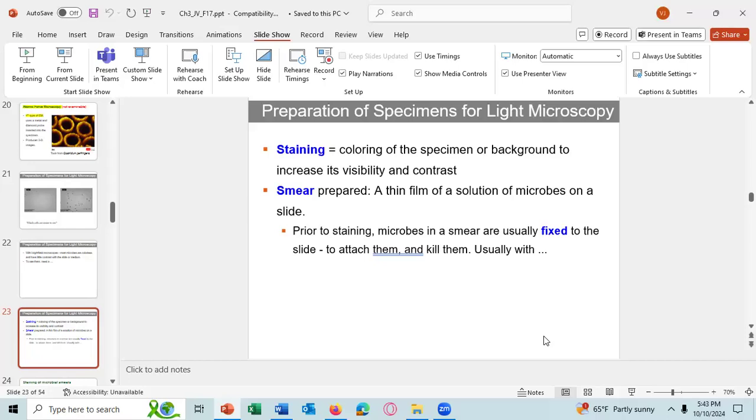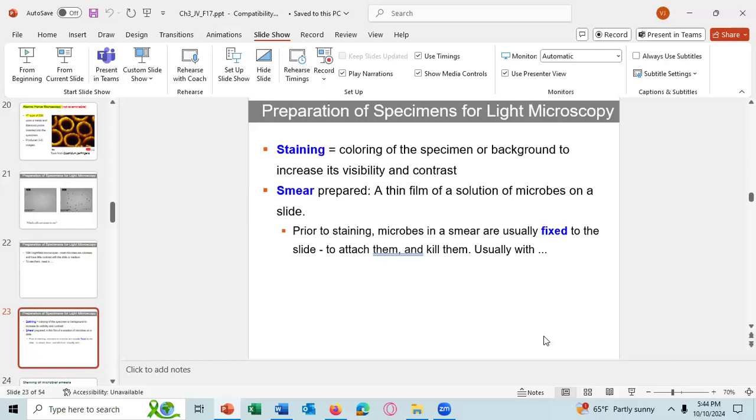So making a bacterial smear is just putting the cells, usually in a thin layer, on a slide, and usually you want no more than one cell layer thick. Prior to staining the microbes, you make a bacterial smear. It's actually part of making the smear that you then fix the cells to the slide to attach them. It kills most cells, though not endospores.